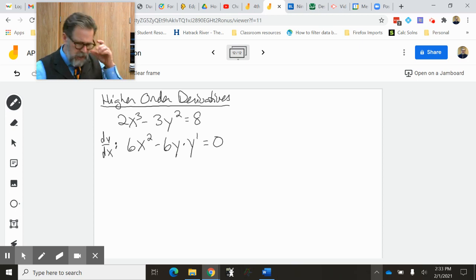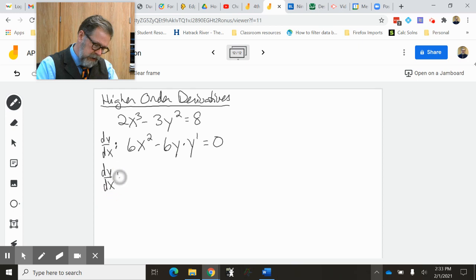Now, here's the tricky part. I could do this a second time. I'm going to take the derivative with respect to x, and I get 12x minus 6 times, now I've got to do product rule, so u dv plus v du.